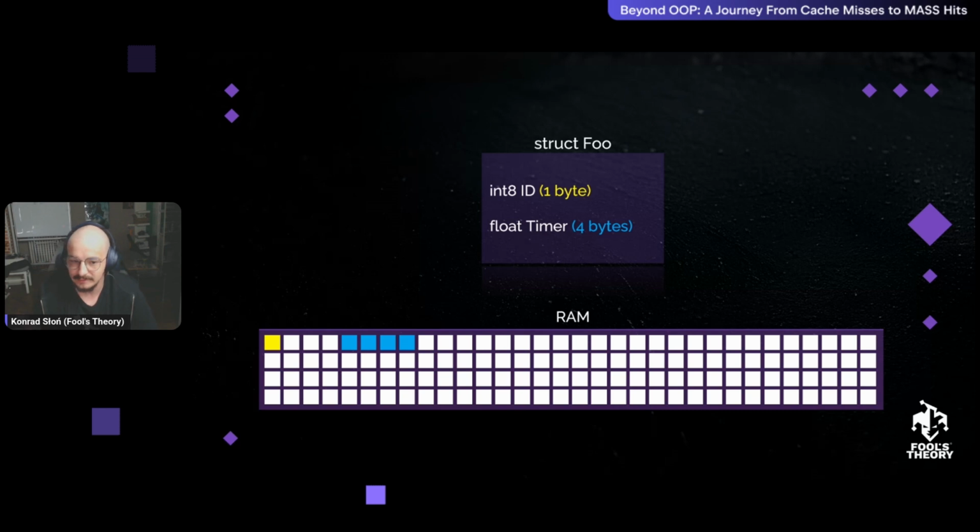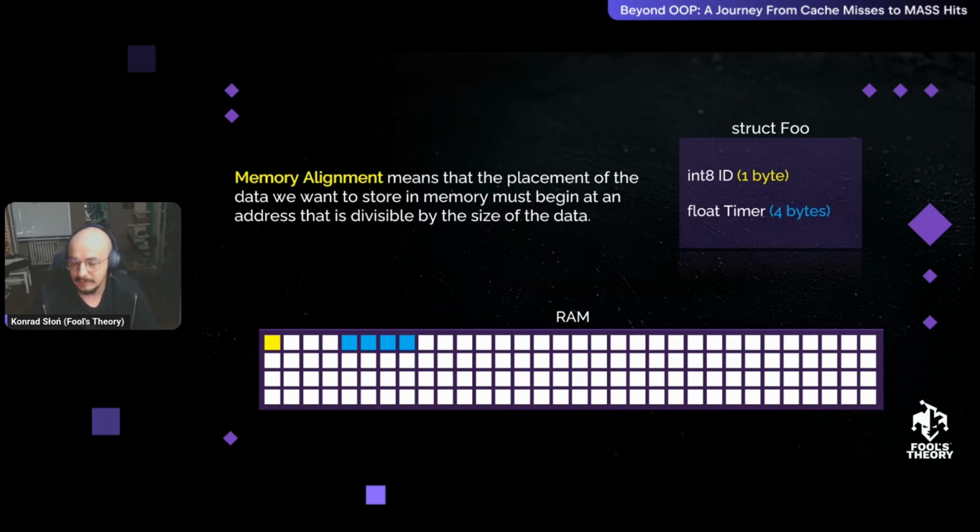You can see this yellow rectangle, then 3 white rectangles, which is blank space, and then some blue. This is what we call memory alignment. Each piece of data must be stored in memory beginning at an address that is divisible by the size of the data.